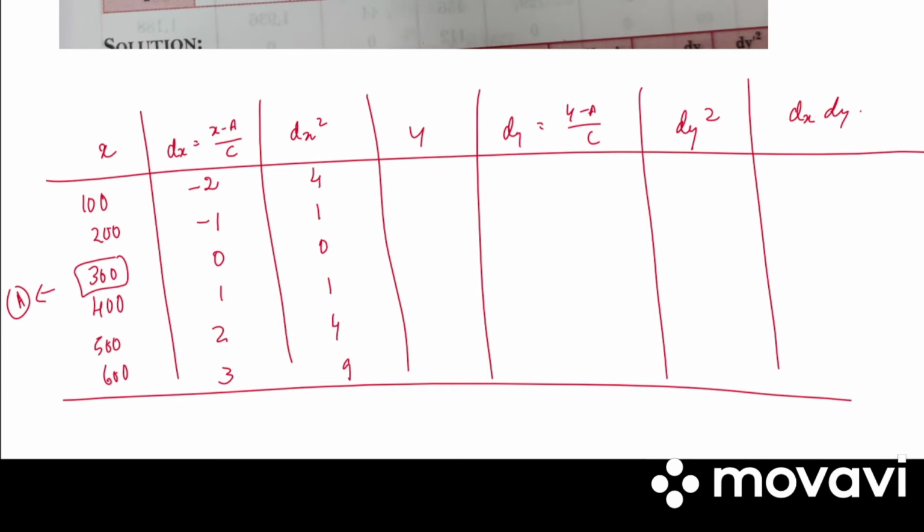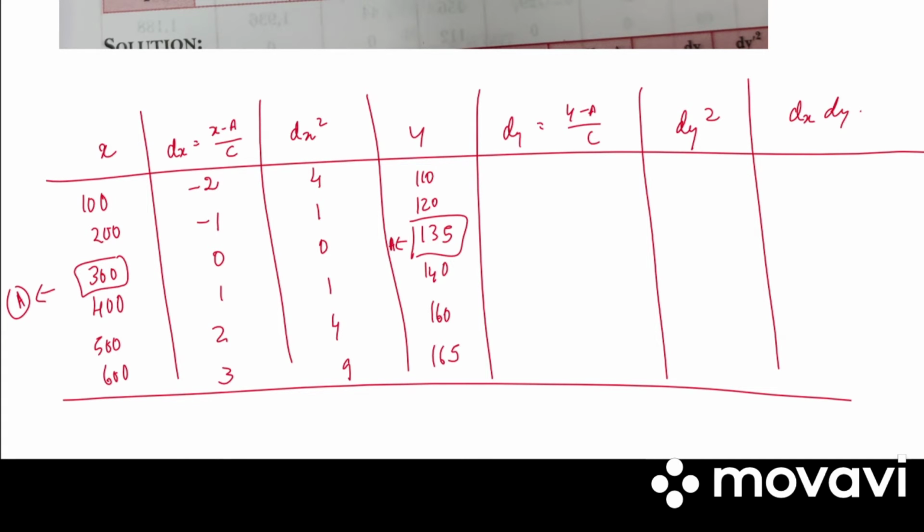Next we have y values 110, 120, 135, 140, 160, 165. So what will be dy? y minus a, assumed mean is 135. What will be c? It is 5, because all the numbers are divisible by 5.